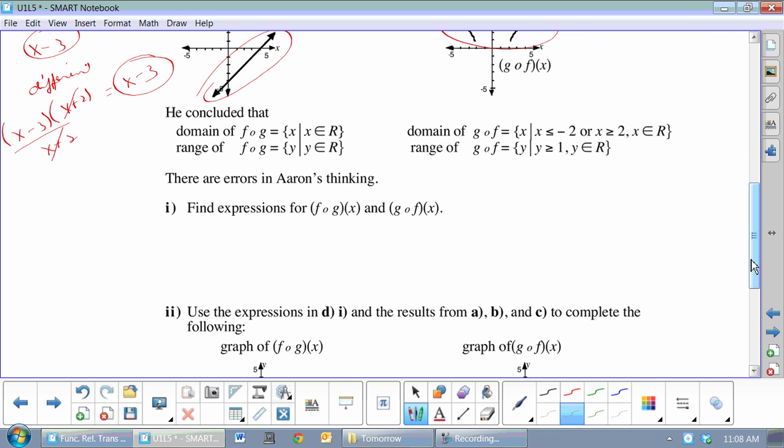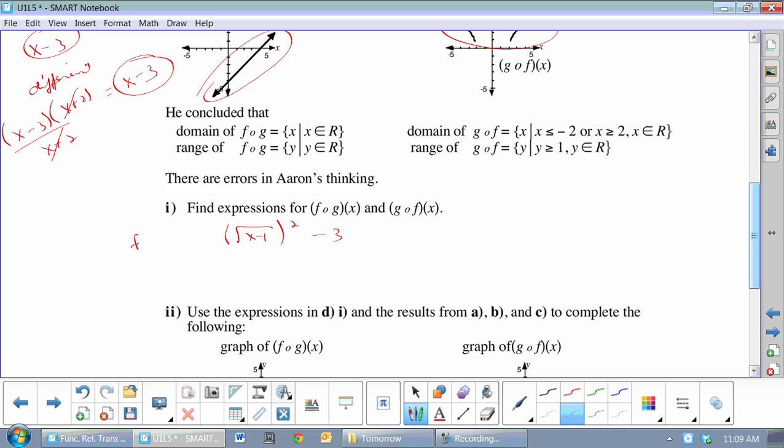Now, let's do f of g of x and g of f of x. So f of g of x would be, if I take g of x and put it into f of x, so that would be the square root of x minus 1, squared, minus 3.